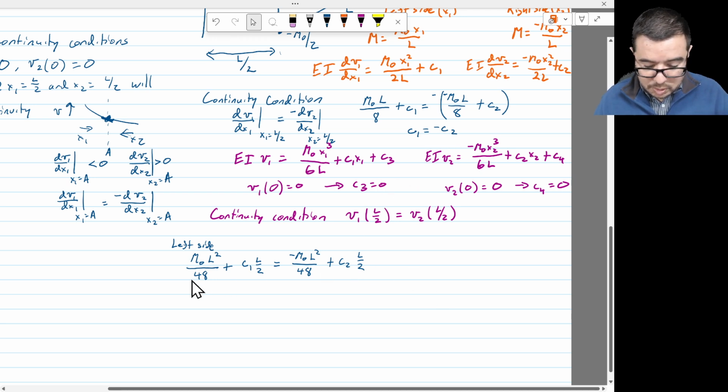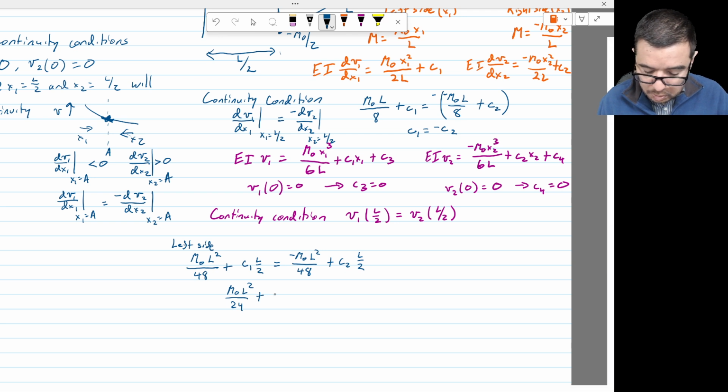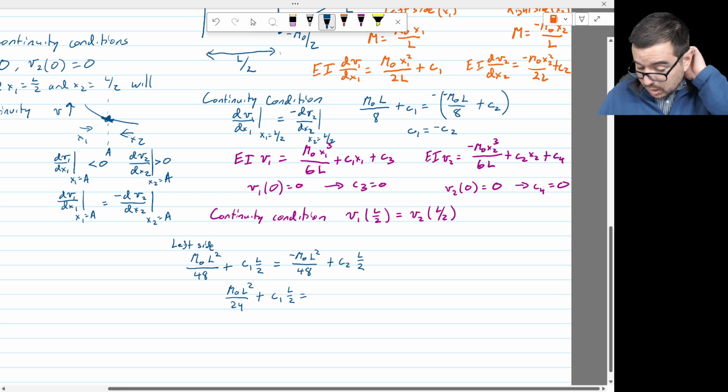So what's half of 48? That's 24. So we'll have m naught L squared over 24 plus C1 L over 2. And we can say C2 is equal to minus C1, so we have a minus C1 L over 2. Okay, that's making use of it.